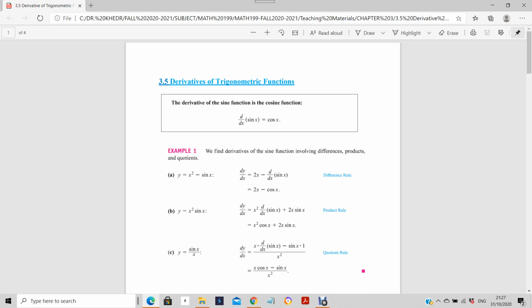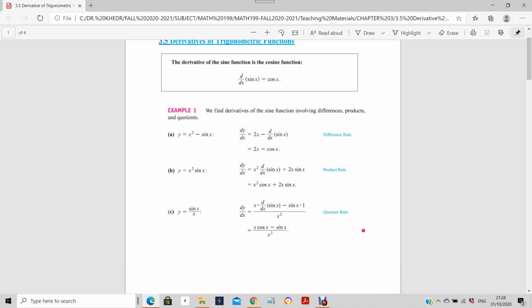Next will be y equals x squared multiplied by sine x. So here we have to use the product rule. The product rule says the first function times the derivative of the second function plus the second function times the derivative of the first function.